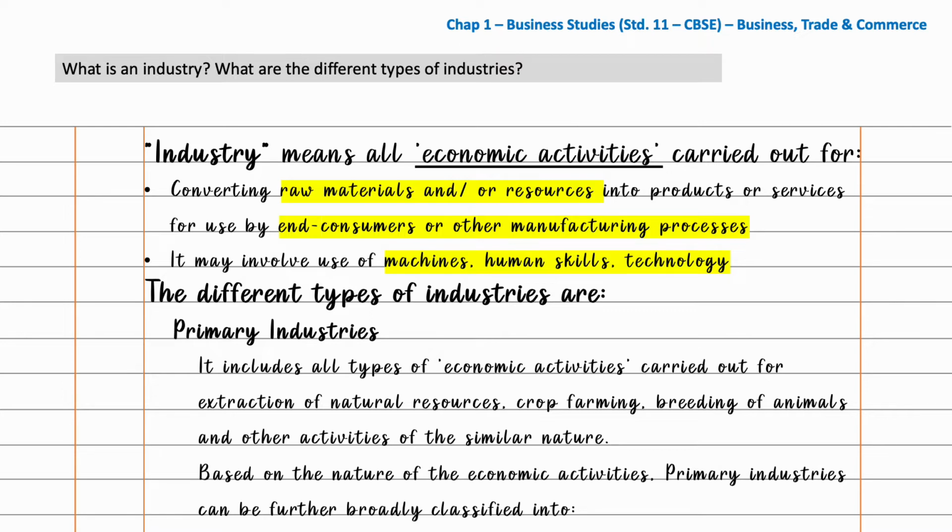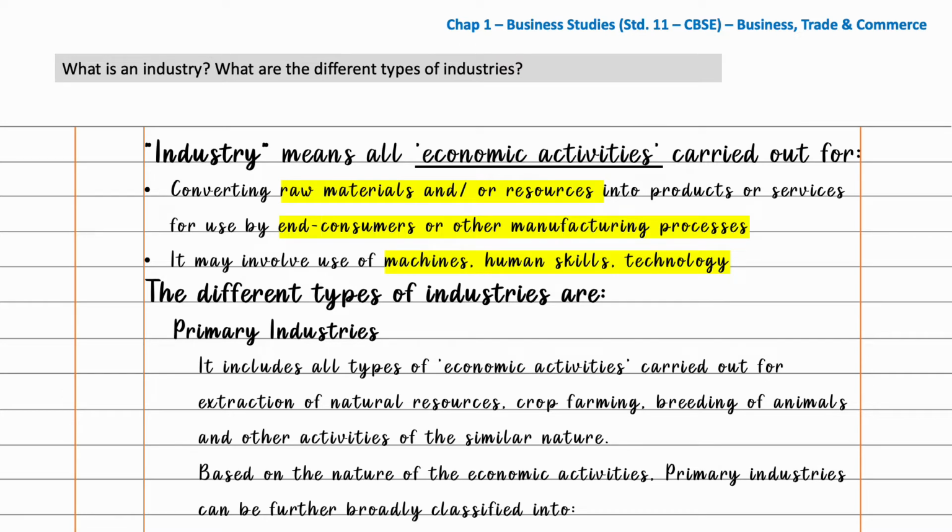Now moving on to the different types of industries. The first type is the primary industry. So again, we will follow a pattern wherein we pick up a particular phrase and we keep using that phrase so that we remember how to construct the answer. So we say that it again includes all types of economic activities.